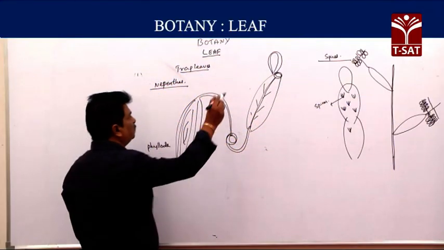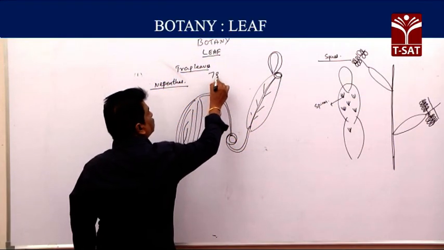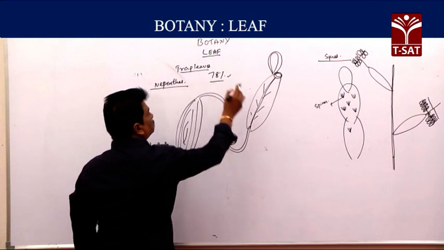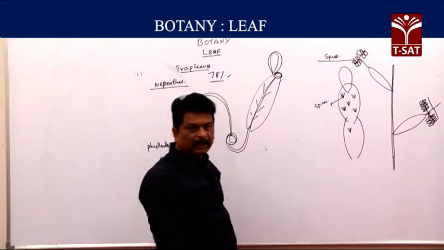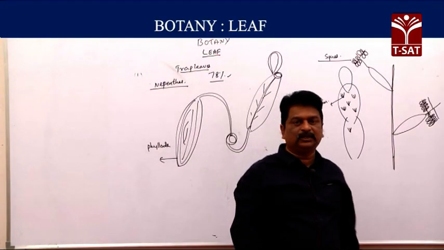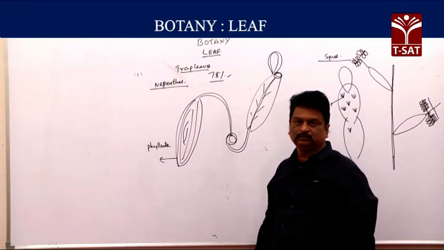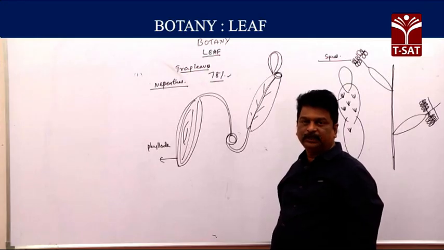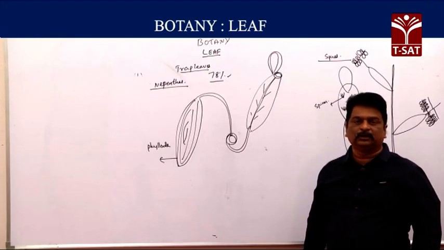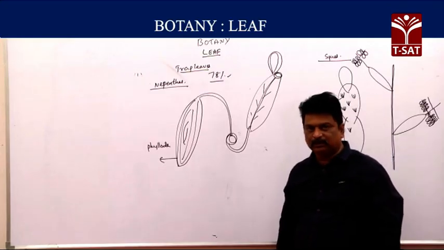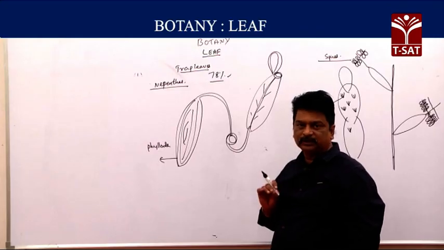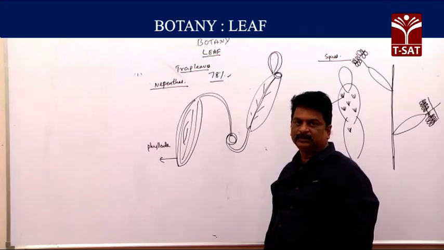Actually, in the atmosphere, the highest amount of nitrogen is present, 78%. But plants cannot fix that atmospheric nitrogen, because in higher plants the nitrogen fixing enzyme nitrogenase is absent. So plants cannot fix atmospheric nitrogen directly.